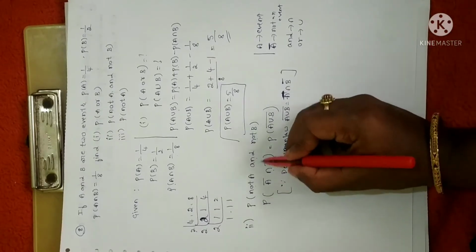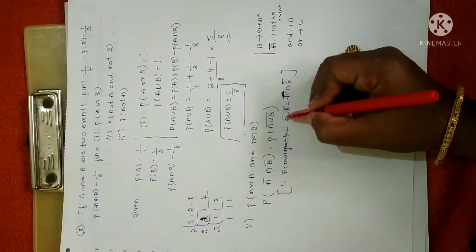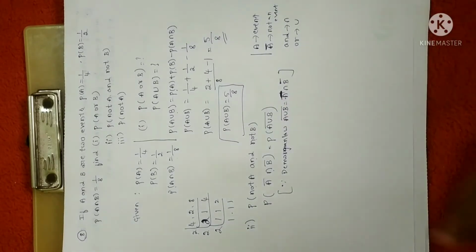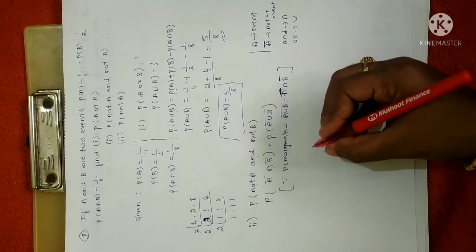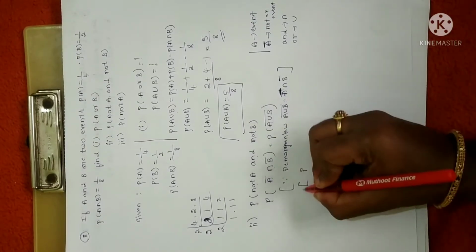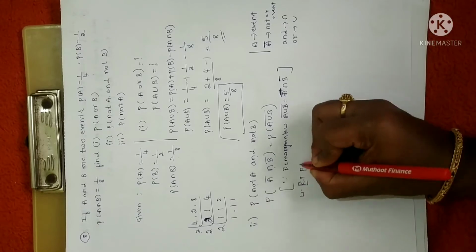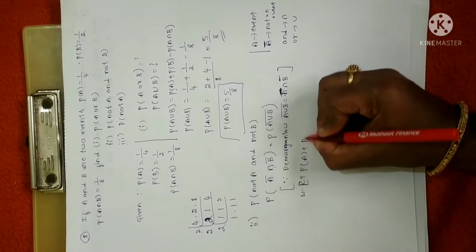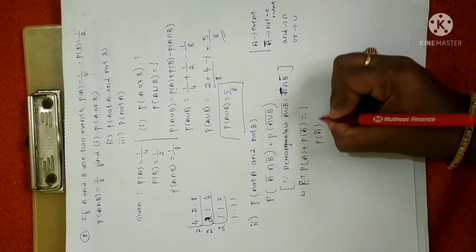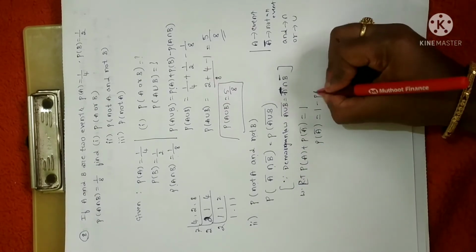So I can write A complement intersection B complement as A union B whole complement. Now we have already studied the concept of complementation. The relation is that probability of A plus probability of A bar is equal to 1. So similarly, probability of A bar can be written as 1 minus probability of A.